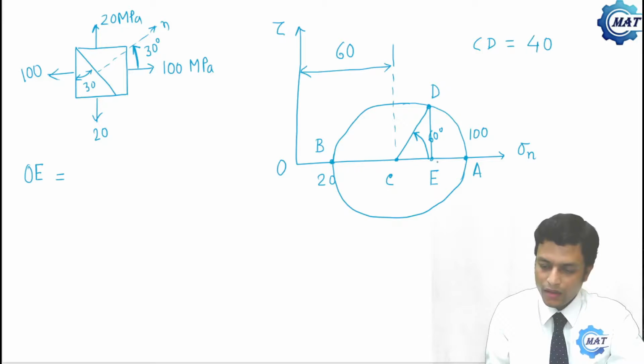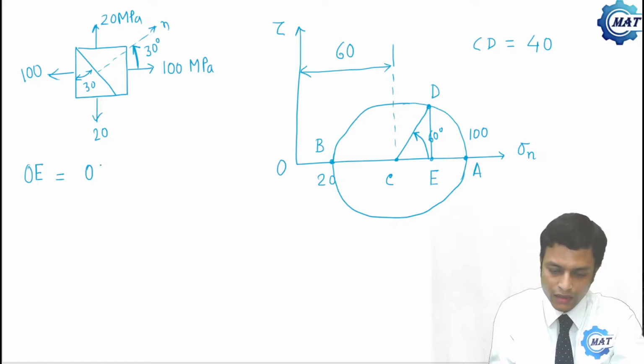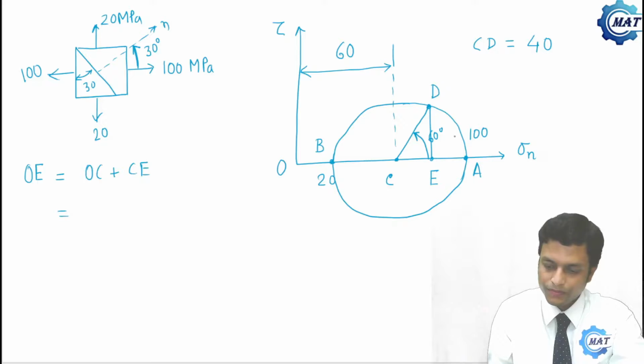So OE, the normal stress, is OC plus CE. What is OC? OC is 60 plus CE, which is 40 cos 60 degree.